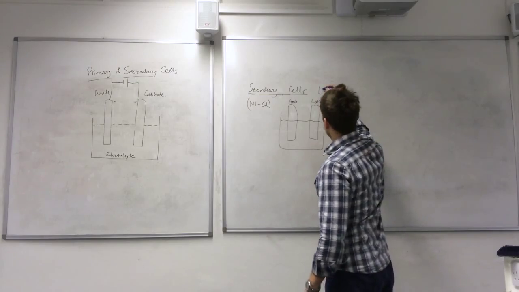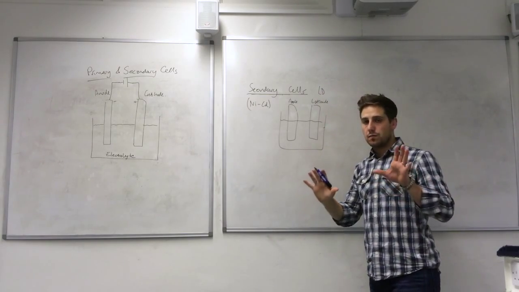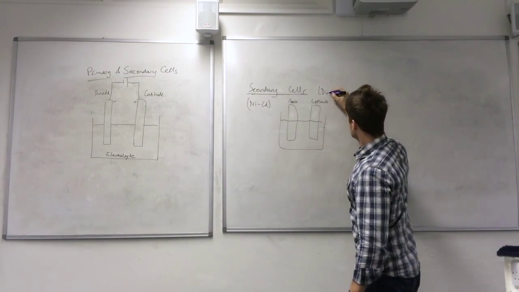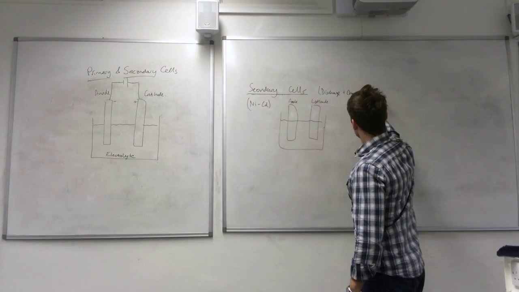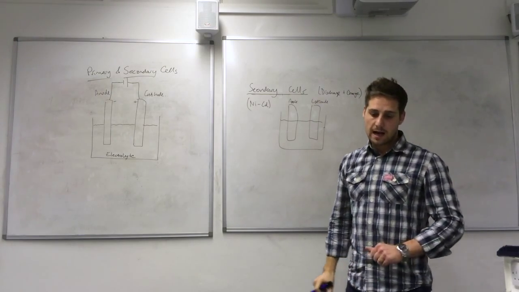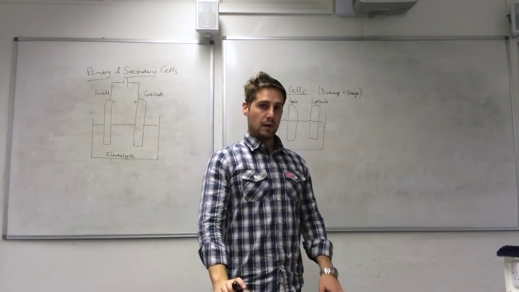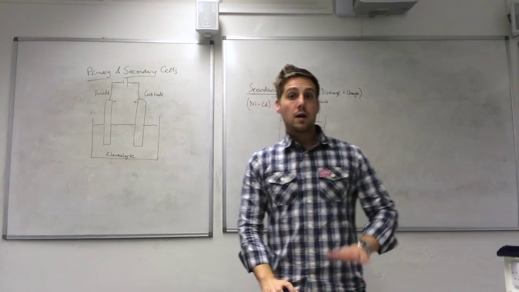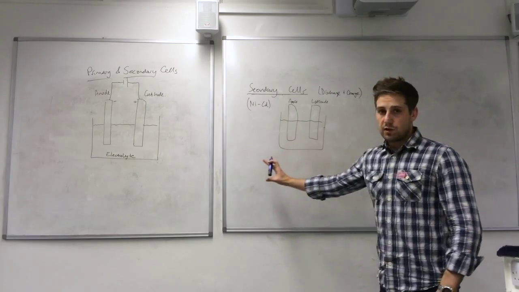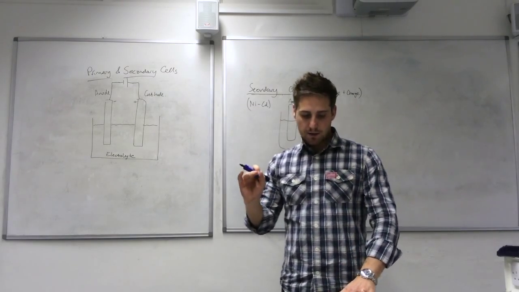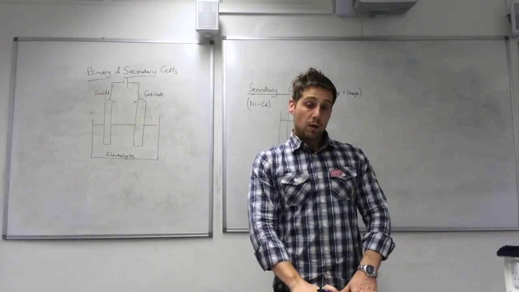Here you have two sets of reactions, discharge and charge. Discharging and charging reactions, so you've got two lots. As I said earlier, the discharge reactions are given to you, so you'll have those in your resources, and then the charging ones you have to work out.